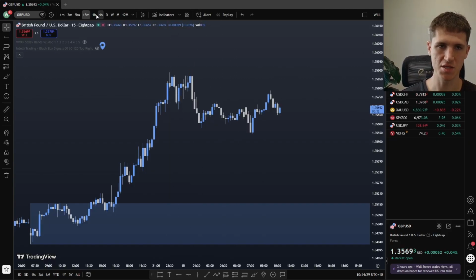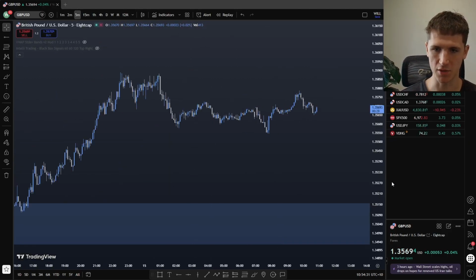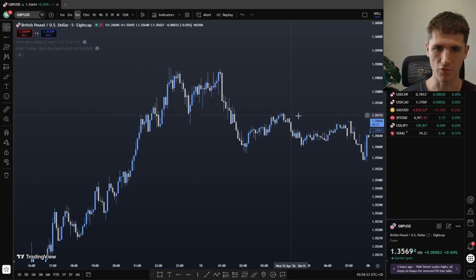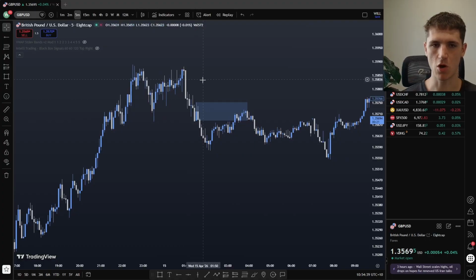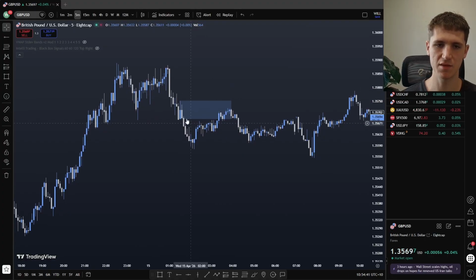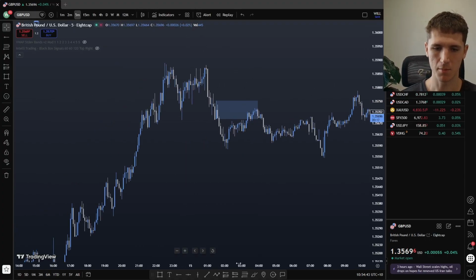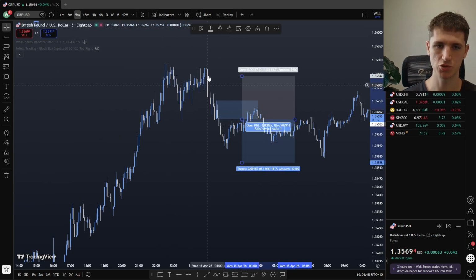So look, in this scenario, if we can go down to the 5-minute, we might actually have a level around here. So there is one here, but let's pretend this was higher. Ideally, for me, this is a little bit too risky, but you could take a short position here because we've seen internal structure break. This high failed to break above.